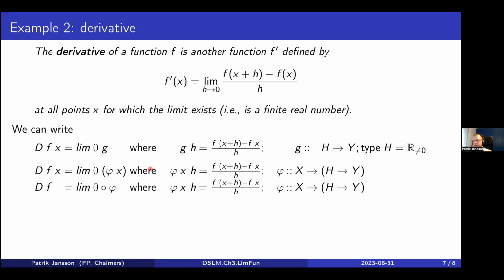And actually, we can make use of the function composition operator. This was a dot in Haskell. In mathematics, it's usually written as a ring. So lim0 is a function, phi is a function, and we have an x argument here and an x argument there, and we can get rid of those and just say, well, the derivative function is phi composed with lim0.